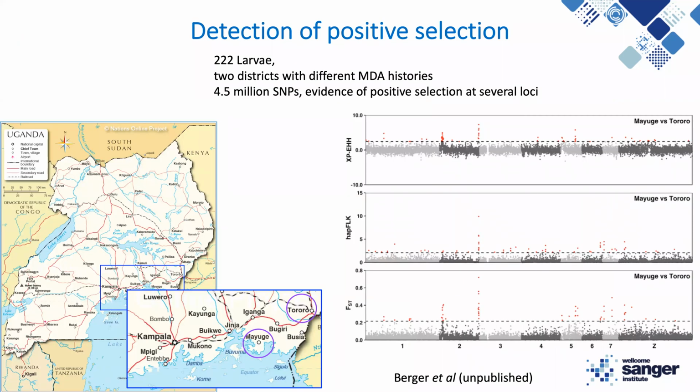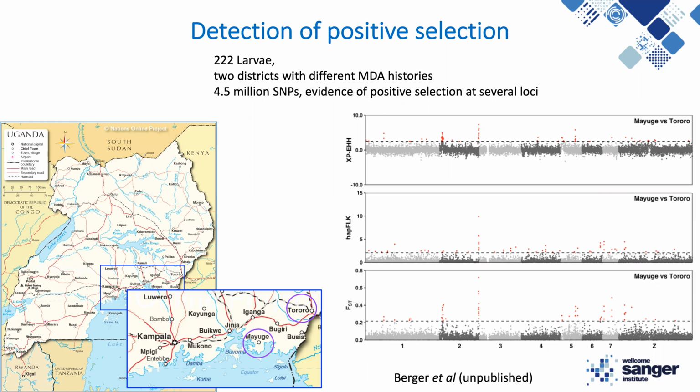Here we see the results of Duncan Berger's analysis of data from parasites originally collected and sequenced by Tom Crellin. Over 200 parasites were compared from schools from 2 districts in Uganda that differed in their MDA histories.